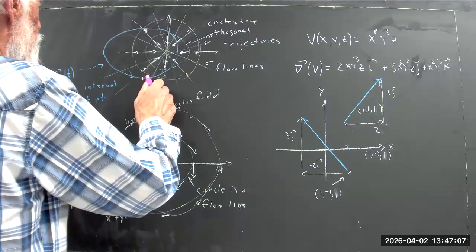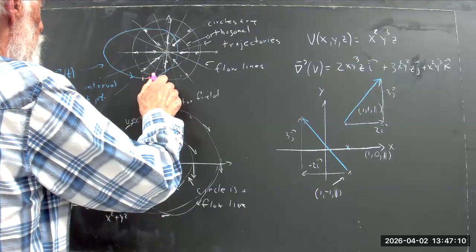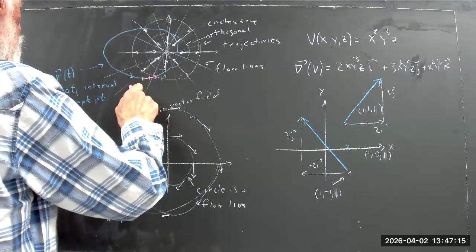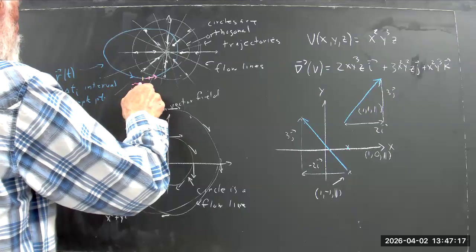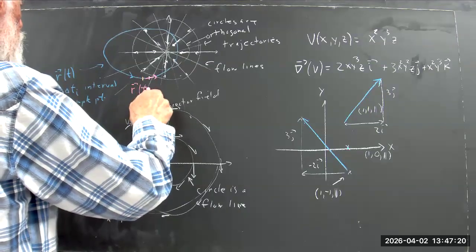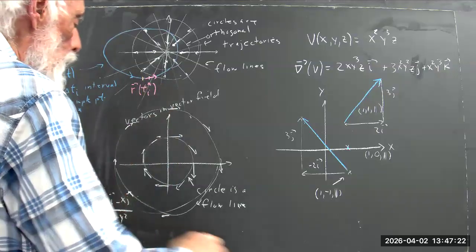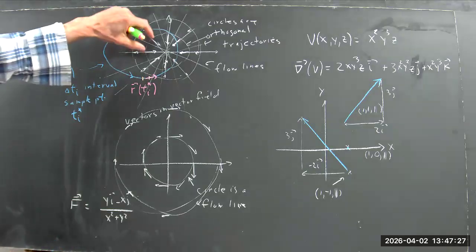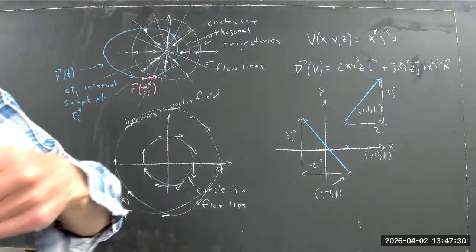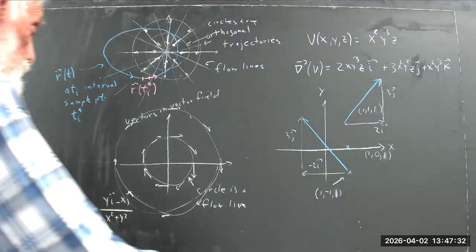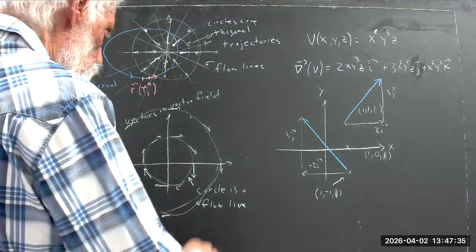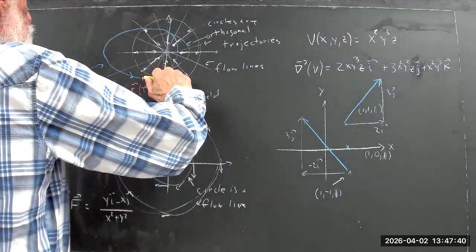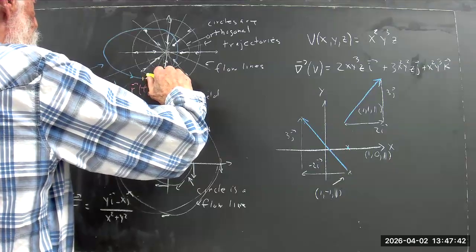So let's just say your vector is R of ti star. You also have this force field. There's gravity pulling you in, and that force field is toward the center.